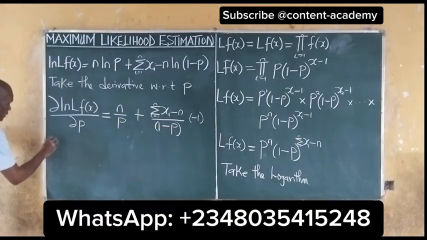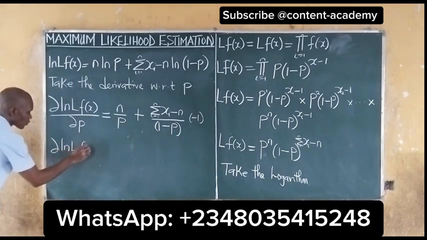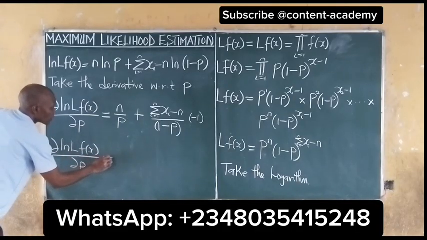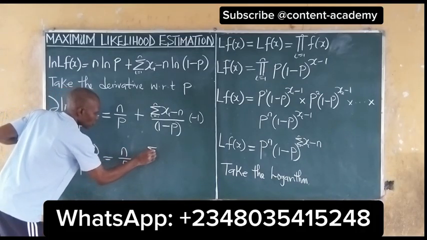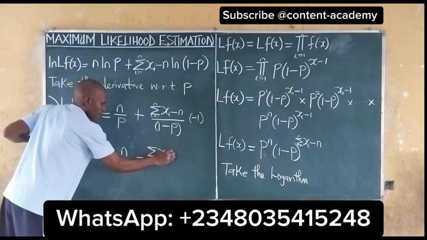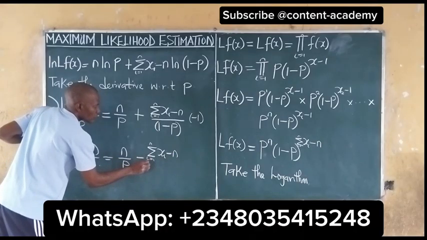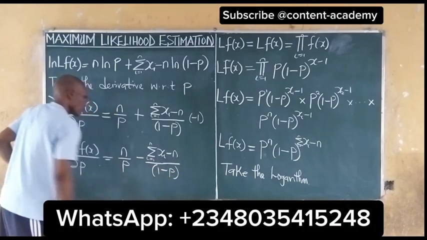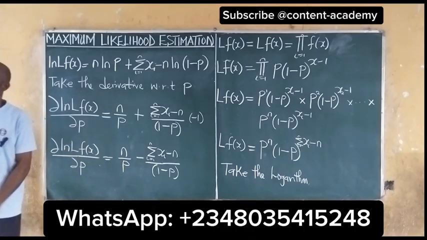The derivative of our likelihood function of the given distribution with respect to p can be written as n all over p minus summation of xi minus n, as i running from 1 to n, all over 1 minus p. So we succeeded in writing this out properly.